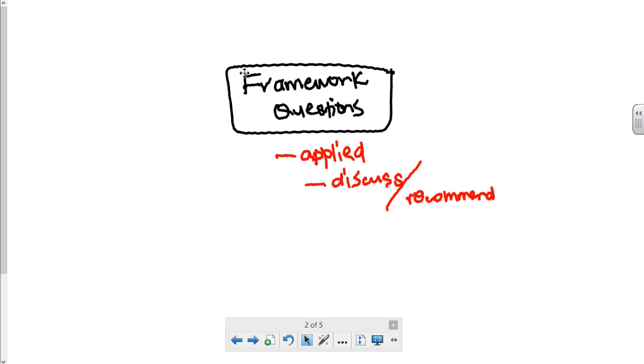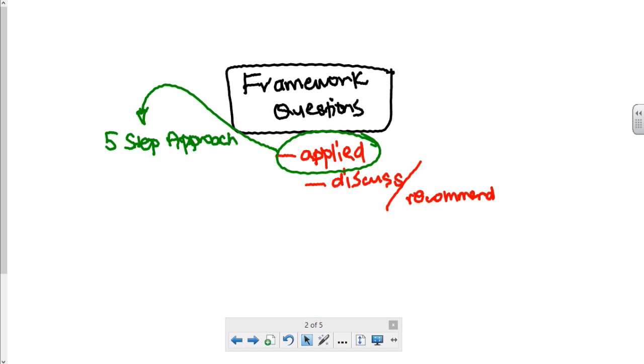So when we look at framework questions, because they're applied, we follow this thing called a 5-step approach. A 5-step approach to answering questions. The 5-step approach is what you will always use when you answer questions to do with framework. In fact, when you answer any questions that are discussion questions to do with any kind of legislation or regulation.